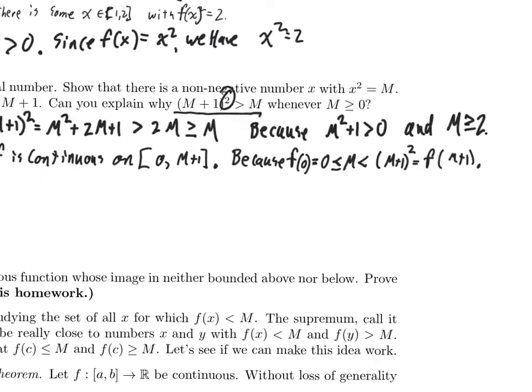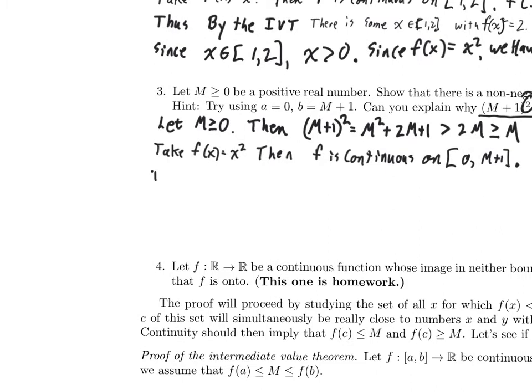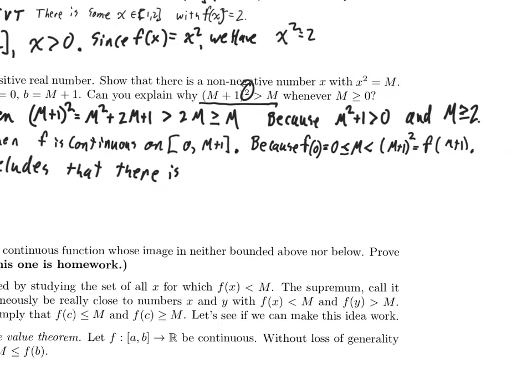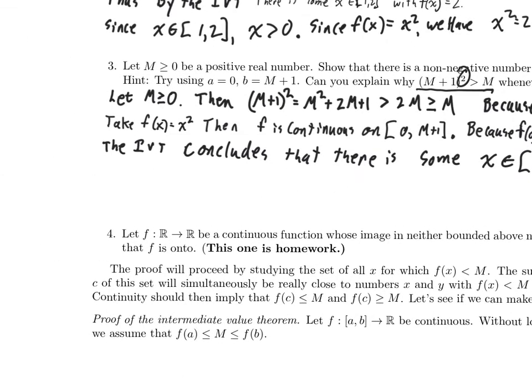So because we have that chain of inequalities, the IVT concludes that there is some x in [0, m plus 1] with f of x equals m, i.e. x squared equals m.